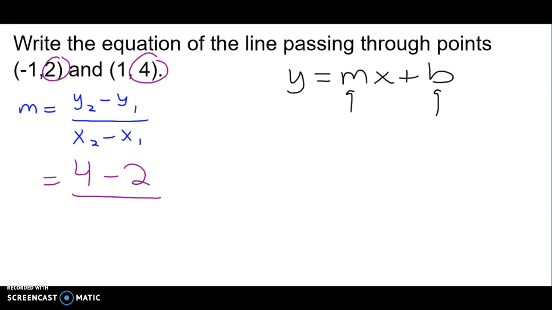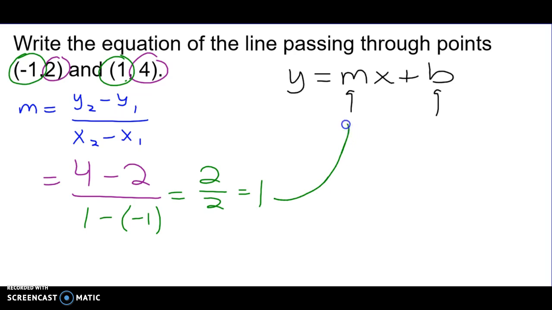If I started with 4 on top, I have to start with the x value 1 on the bottom. So 1 minus negative 1. There's a minus in the formula, and x is also negative, so we have minus and negative. We simplify and get 2 over 2, which is 1. That is what you plug in for m.